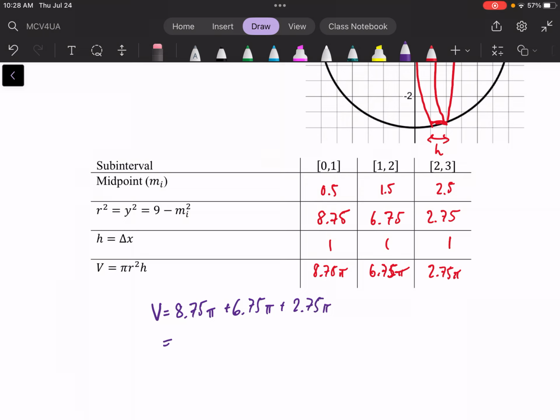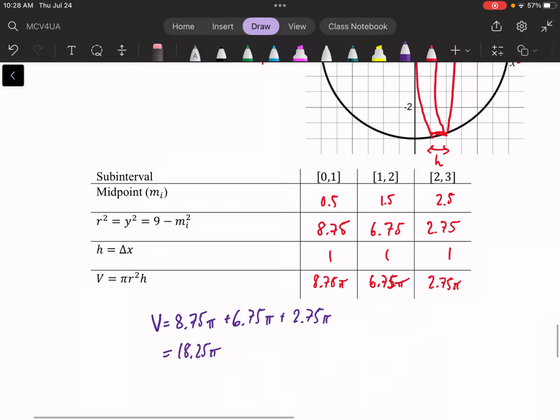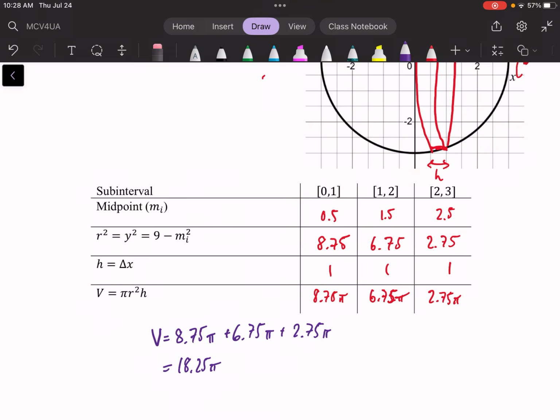Adding 8.75, 6.75, and 2.75, I get 18.25 pi, approximately. So I'm going to say the volume of the sphere is approximately 18.25 pi.